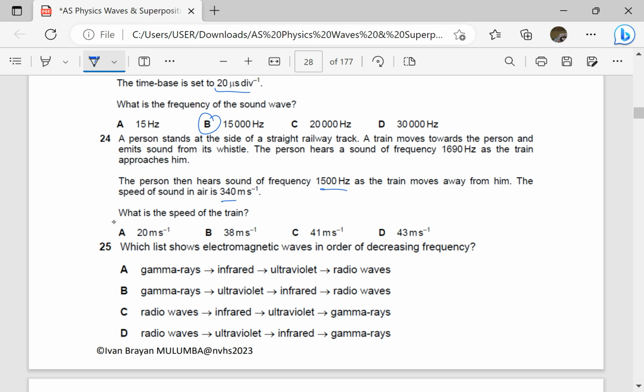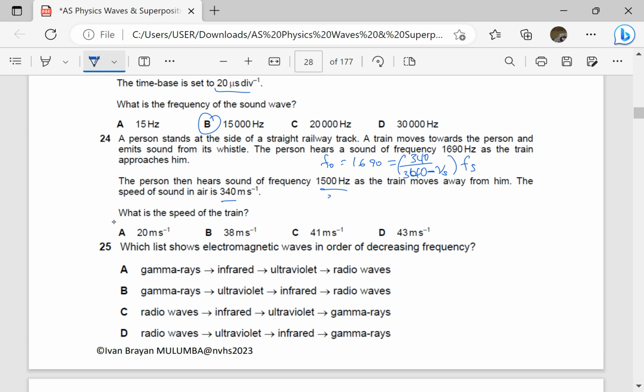So here it is moving towards him. So the frequency F0, which is 1690, is going to be the speed of sound in air, which is 340, divided by 340. Because it is moving towards, we shall subtract the speed of the train, times the frequency of the source.